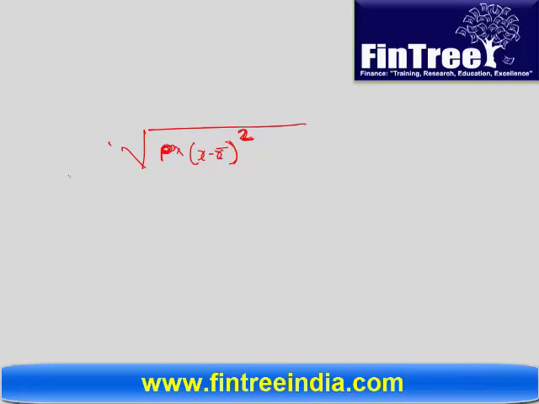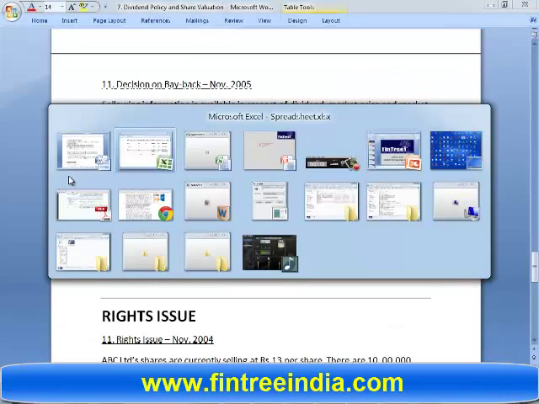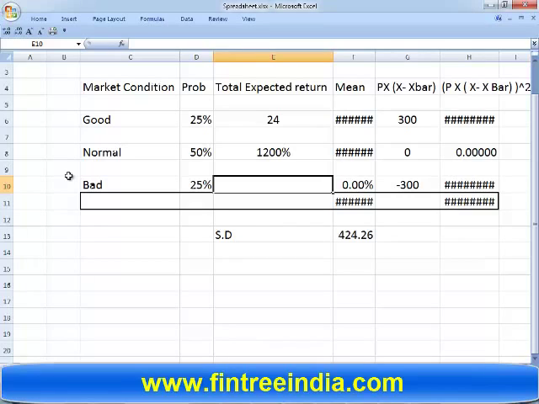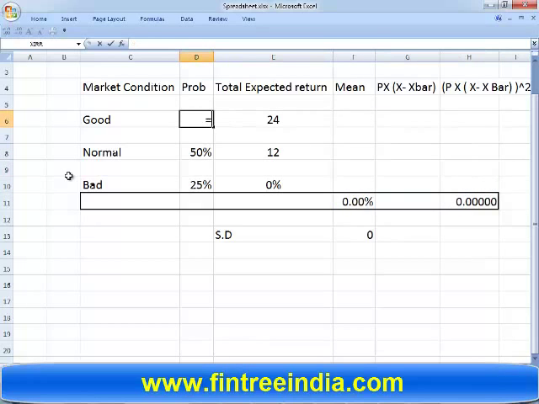$24. What was the second value? 12. 12. Last one was 0. 24, 12, 0. Let's say if I assume this to be 1 by 3, 1 by 3 and 1 by 3.